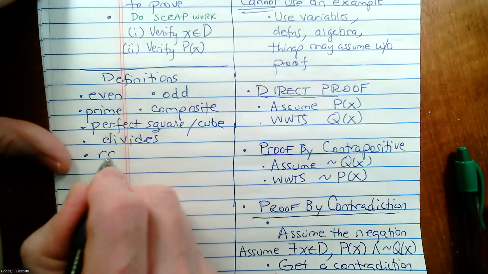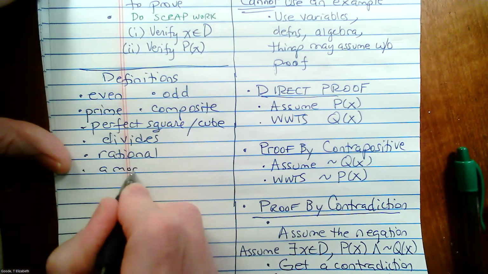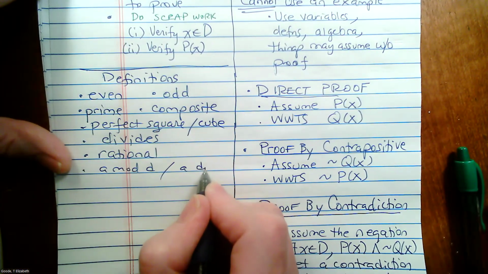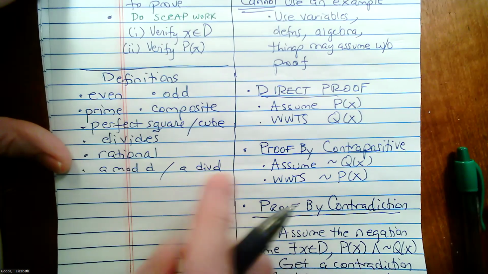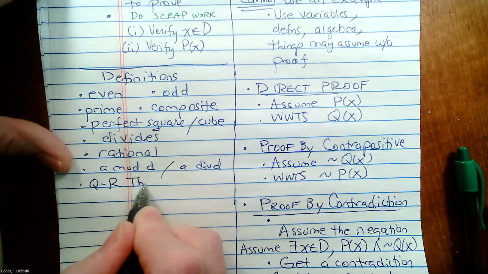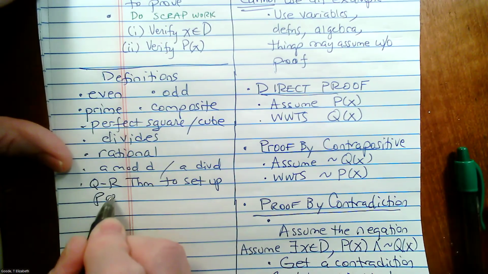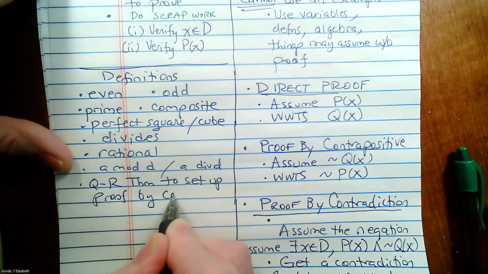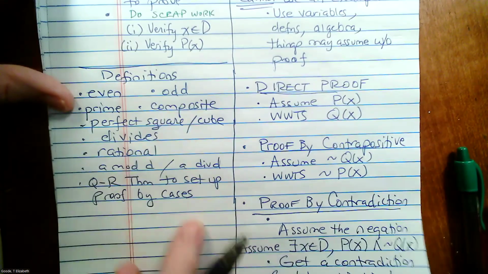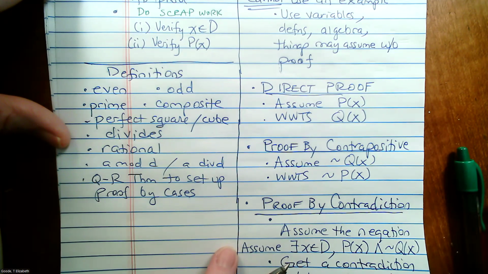And we learned rational. And we learned A mod D and A div D, although we don't use A div D so much in proofs. We learned the QR theorem to set up cases. Any other definitions that we learned? I wonder if we're missing anything. No, I don't think so.